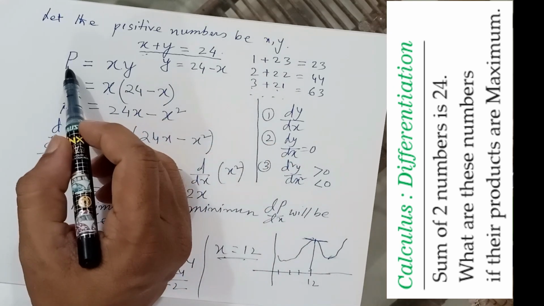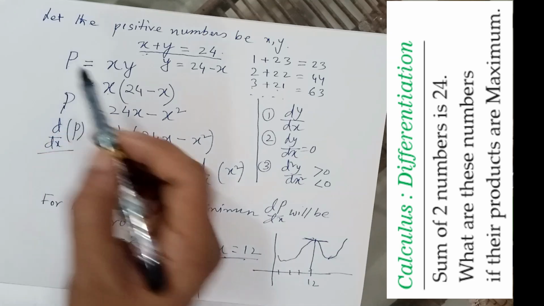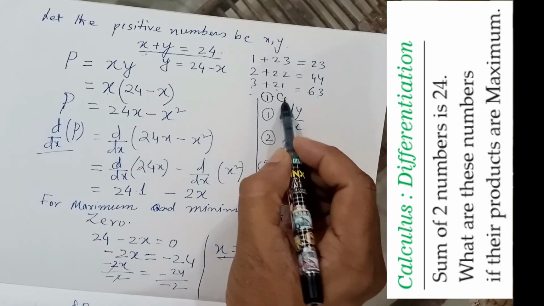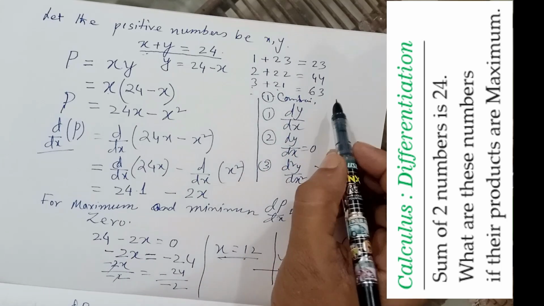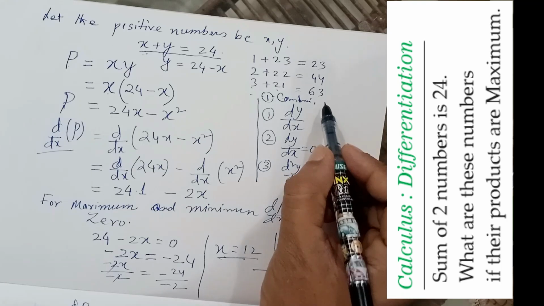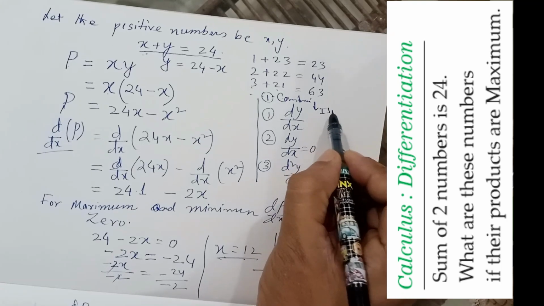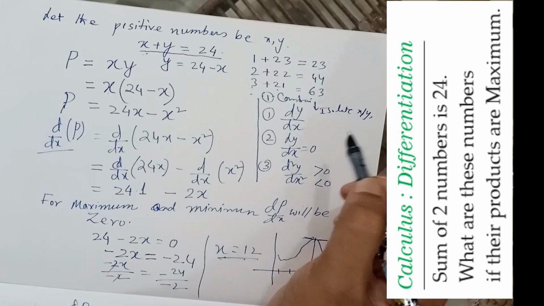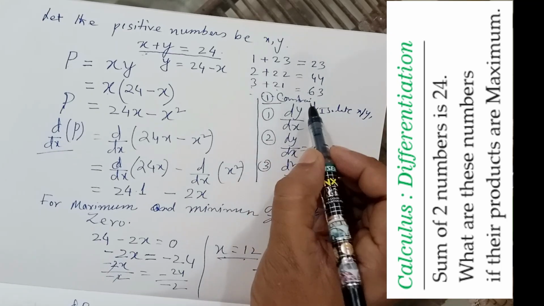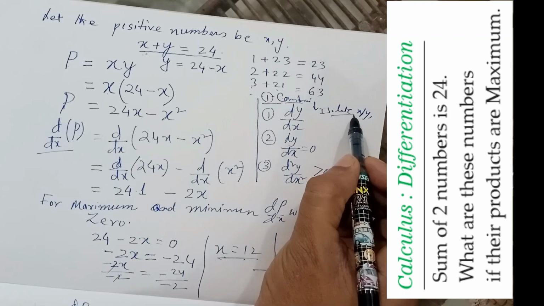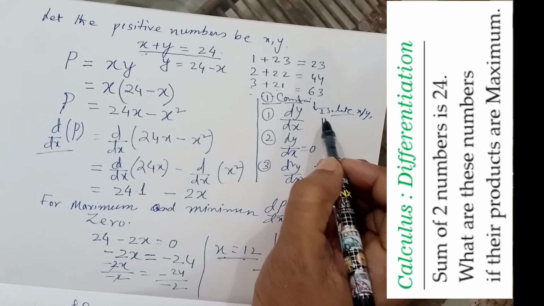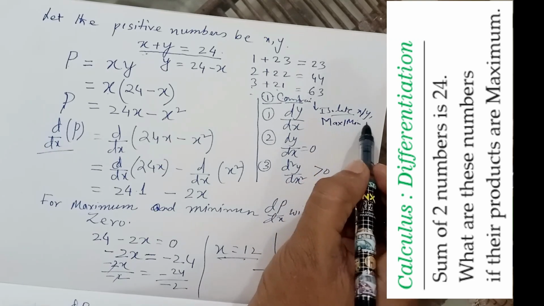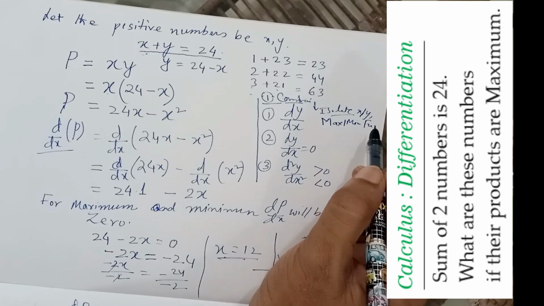So the first step is the constraint equation, then isolate x or y, then find the maximum or minimum function for which you have to do the maximization or minimization.